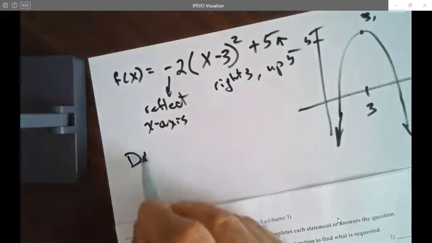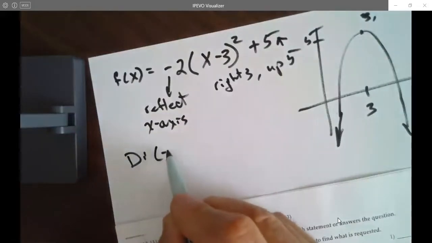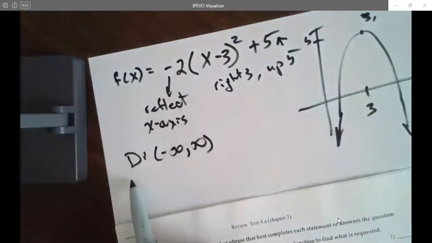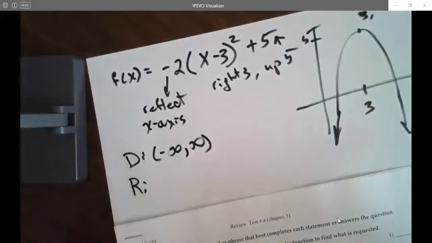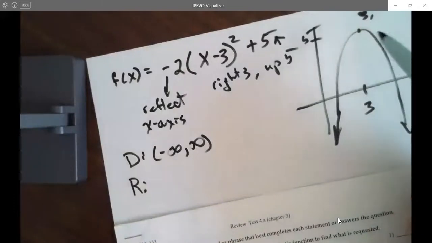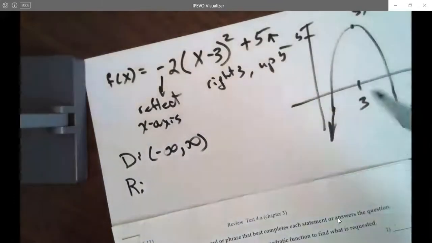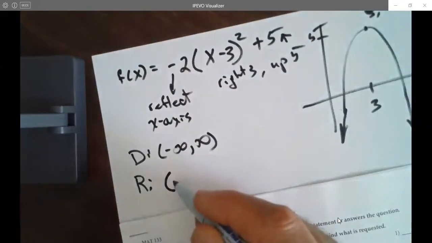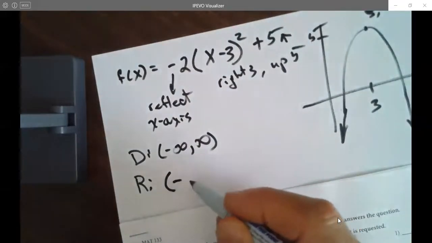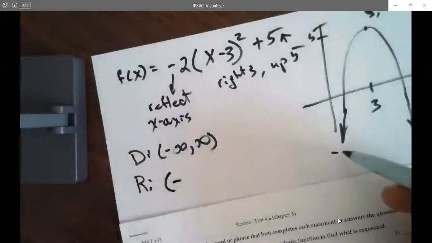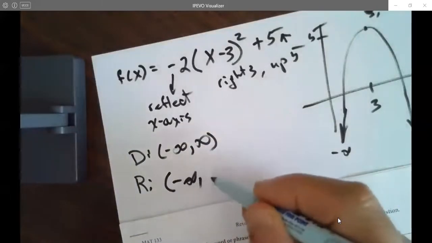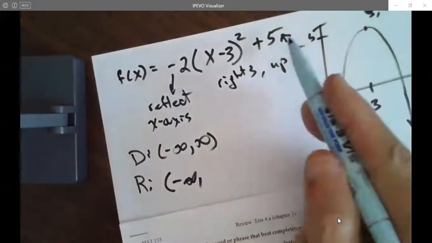The domain is always going to be negative infinity to infinity for a parabola, for the ones we're doing. The range, because it's moving down, always goes from most negative to most positive. Since it's going downward, this is going towards negative infinity. So this will be negative infinity to 5.